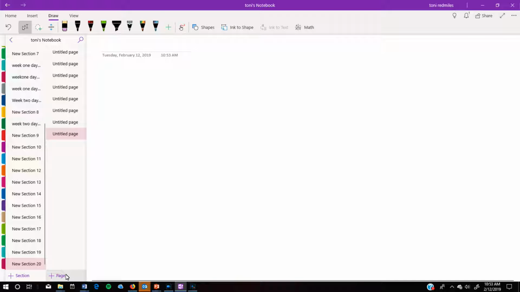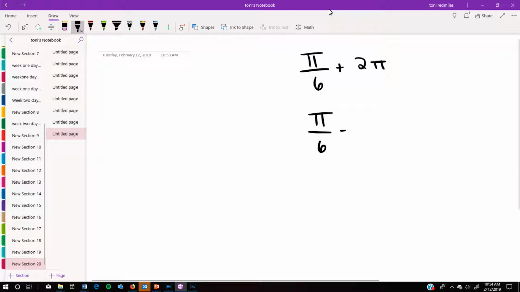All right, so let's say they give me the problem pi over 6. I'm still going to do the same math that I did with my degrees. I'm going to add 2 pi and I'm going to subtract 2 pi. Now I know all of you, your hearts sink because you now have to work with fractions. So put your fraction over 1.